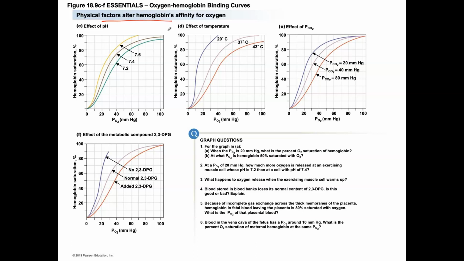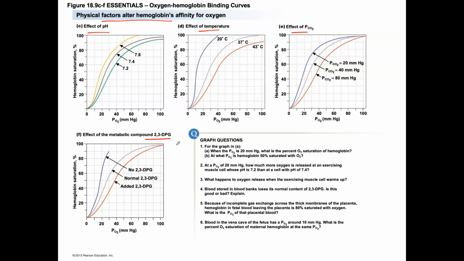The main things we're looking at are changes in pH, changes in temperature, changes in the partial pressure of carbon dioxide, and changes in the amount of a glycolytic molecule called 2,3-DPG.